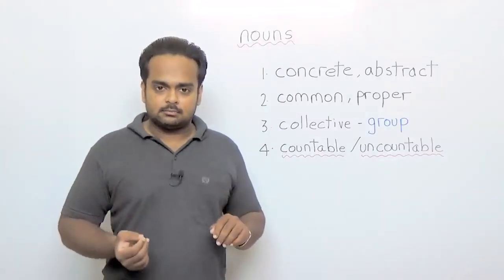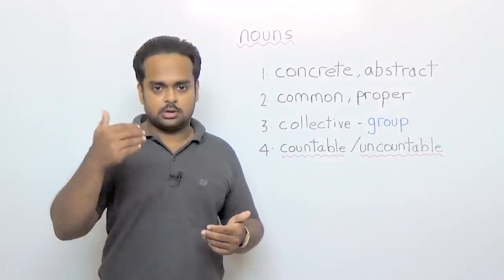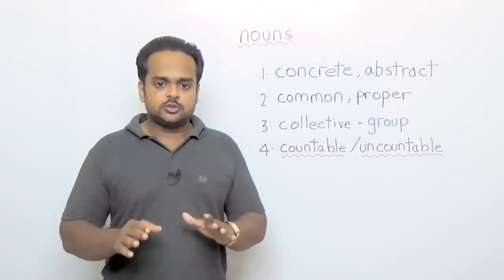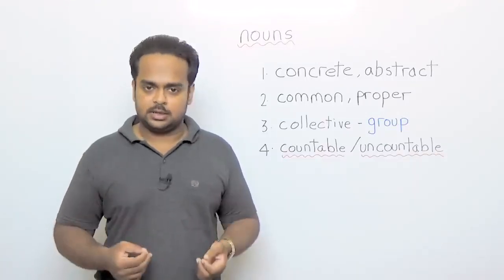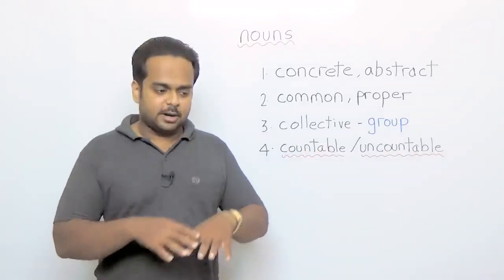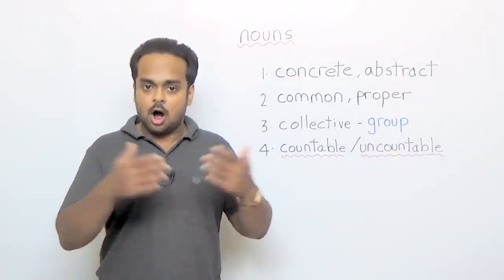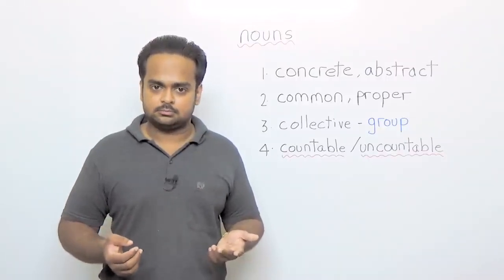Like let's say you want to say a gang of criminals, but you cannot remember that word, gang. So what can you do? You can just use a word like group, a group of criminals, and your meaning will be clear. Or you can say a bunch of things. The word bunch is a common collective noun, like a bunch of bananas, for example.